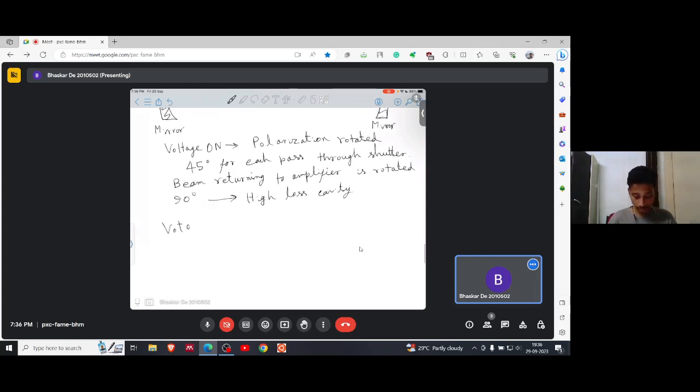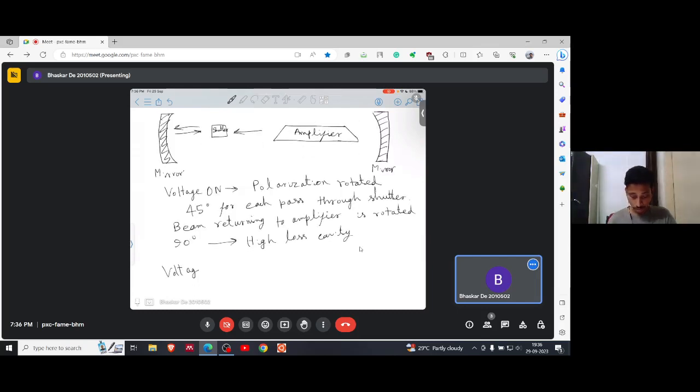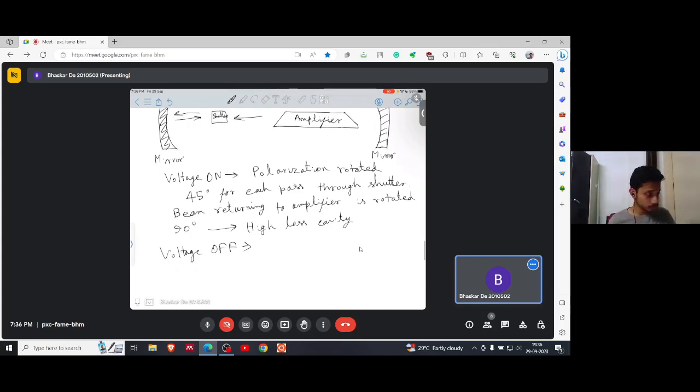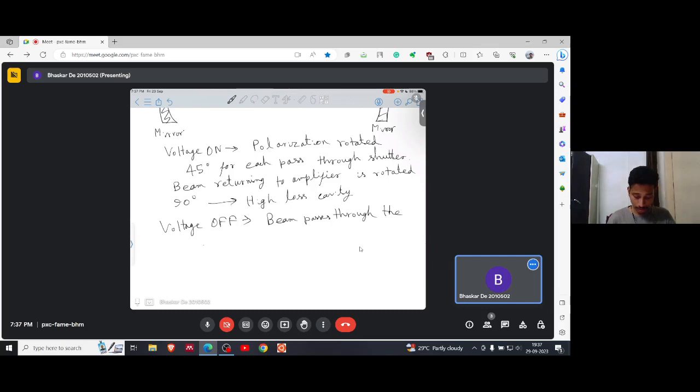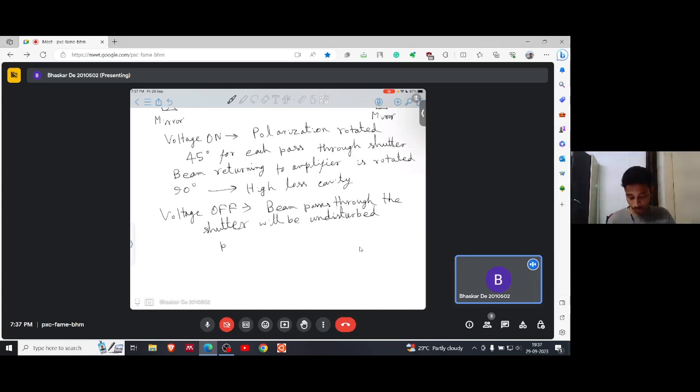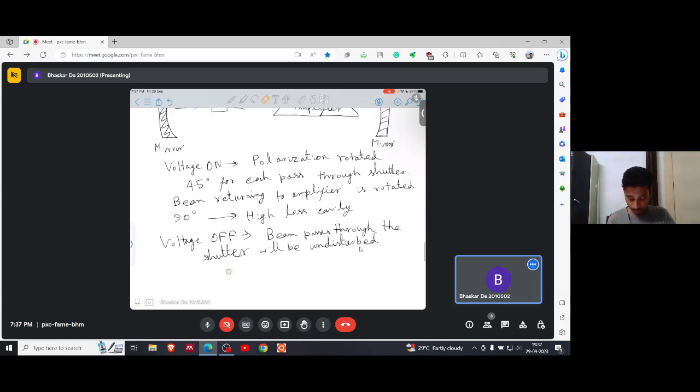And when the voltage is off, the beam passes through the shutter undisturbed, so this will make a low loss cavity.